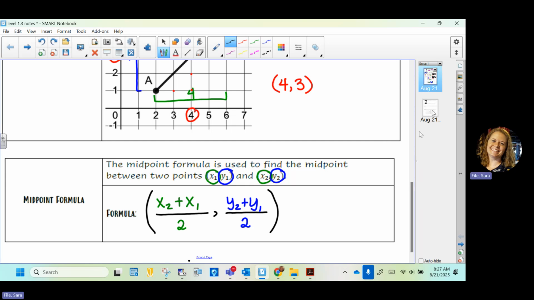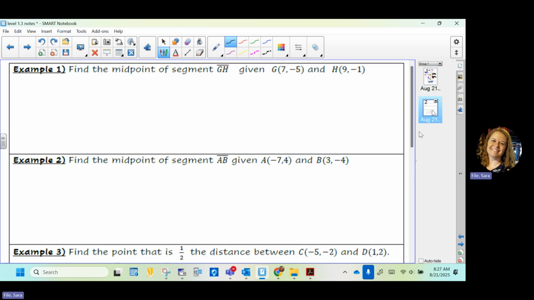All right, let's try that first example. Okay, so we don't have a picture, but we're given the coordinates. So I'm going to label those as x1, y1, and x2, y2. Those are the ordered pairs of the segment GH. We have the location of G and the location of H. So I'm going to use my formula and find the location.